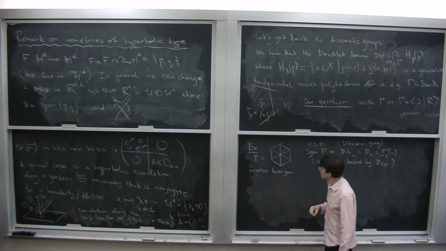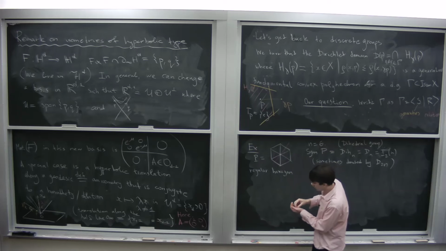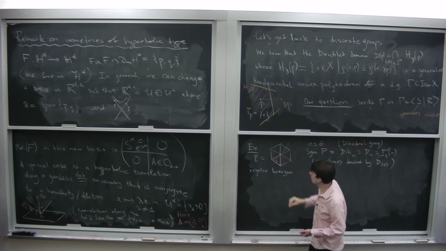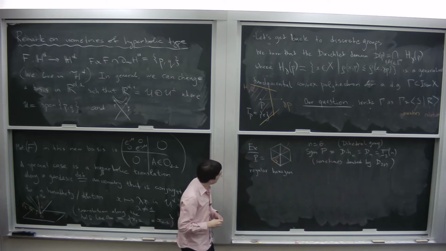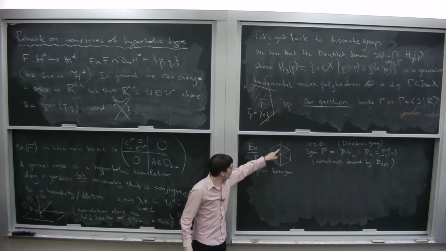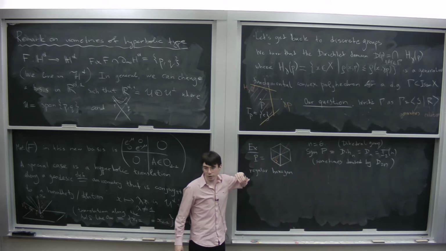Let me choose this triangle. What are the angles of this triangle? 2 pi over n, and half of that gives pi over n.